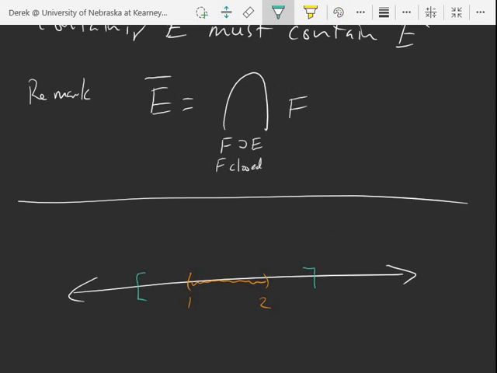So here's a closed subset that contains it, but it's not the smallest one, because I could take 1/2, 5/2 instead of 0, 3. Right? The smallest one that contains it is going to be the closed interval [1, 2]. This is the closure of (1, 2).